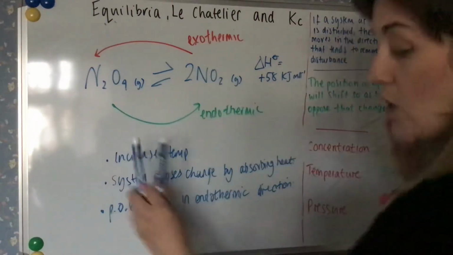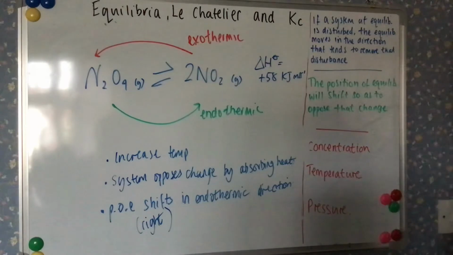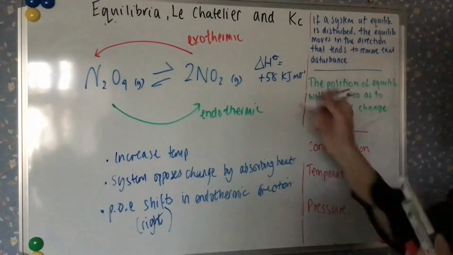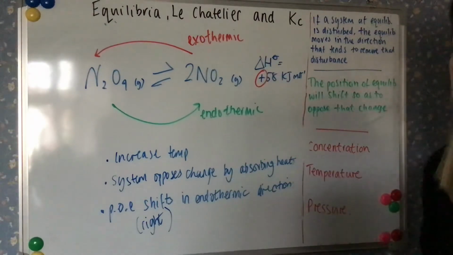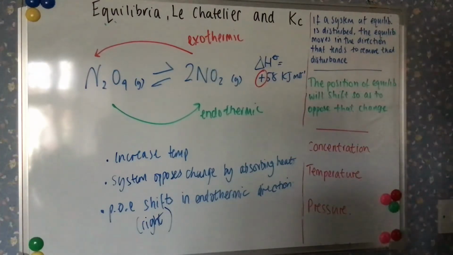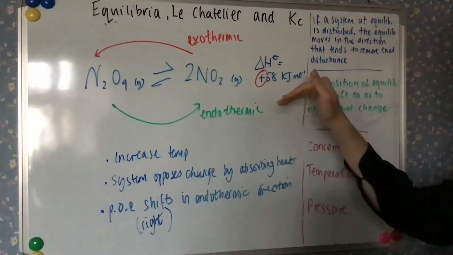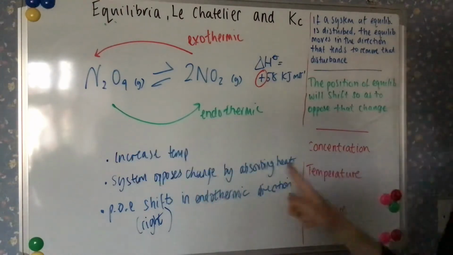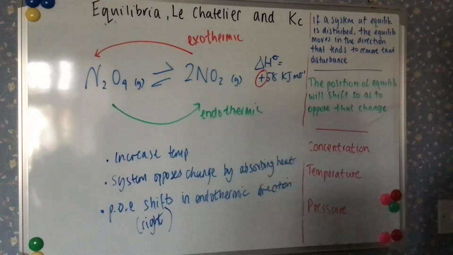Because the reaction is endothermic in the forward direction, and you know that because you've got a positive enthalpy change value, if you increase the temperature, the system's going to oppose that change by absorbing that heat, and so the position of equilibrium will shift in the endothermic direction, which is to the right.